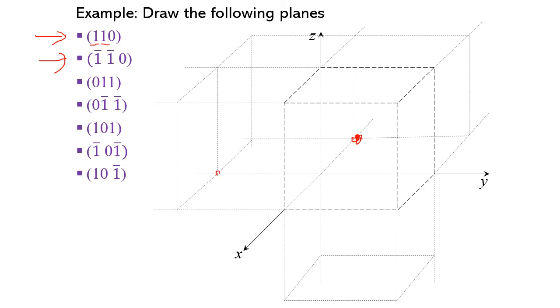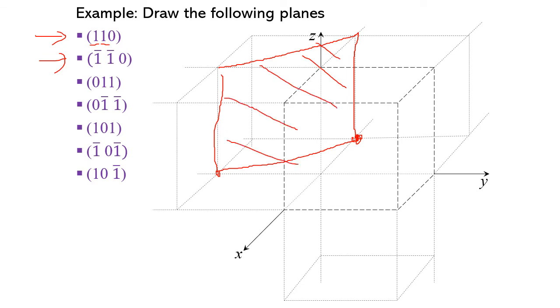Negative y, 1 unit cell edge length. Then the required plane is the plane that passes through those 2 points and is parallel to the z axis. So that is the plane. So you can try out the other planes. I'm leaving them for your homework.